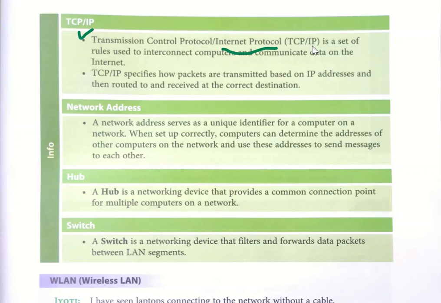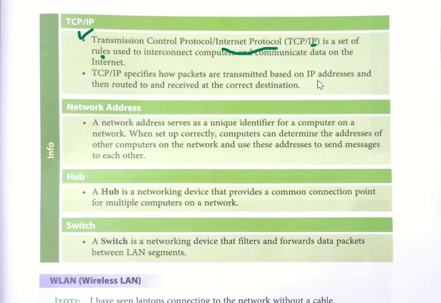Here the meaning of protocol is a set of rules, the rules that we use to interconnect the computers and to have communication between the devices. TCP basically specifies how the packets are transmitted based on the IP addresses.